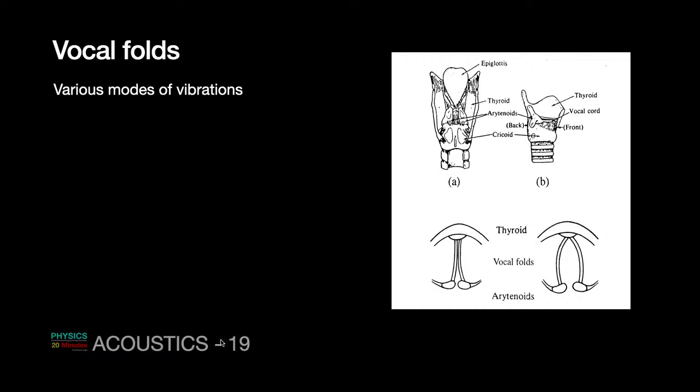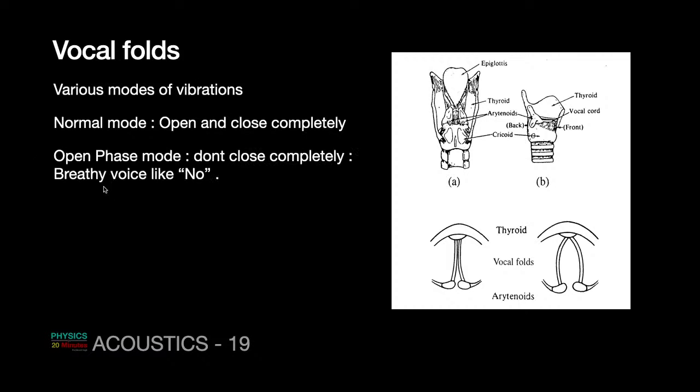Now there are various modes of vibration of the vocal folds. As I said, one mode is that it opens and closes completely. You say one letter or one sound, one syllable, one phoneme at a time, and it is completely open or completely closed. In another mode, it is half open, like a breathy voice, like in no. If you say no, then in that case it is just half open.